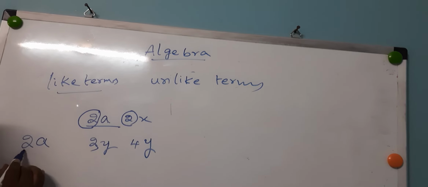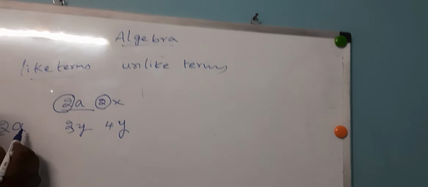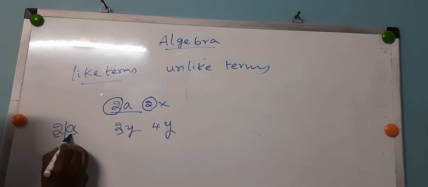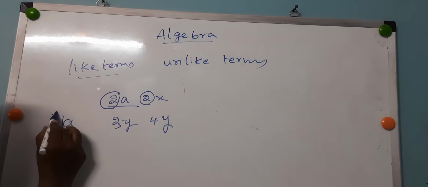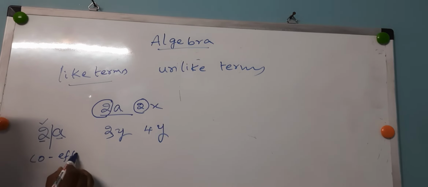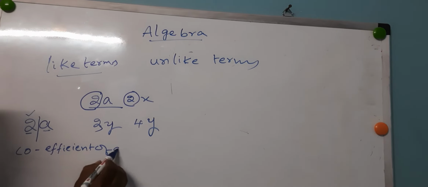This is called a coefficient. We are multiplying the constant 2 with a. So the constant 2 is called the coefficient of a.